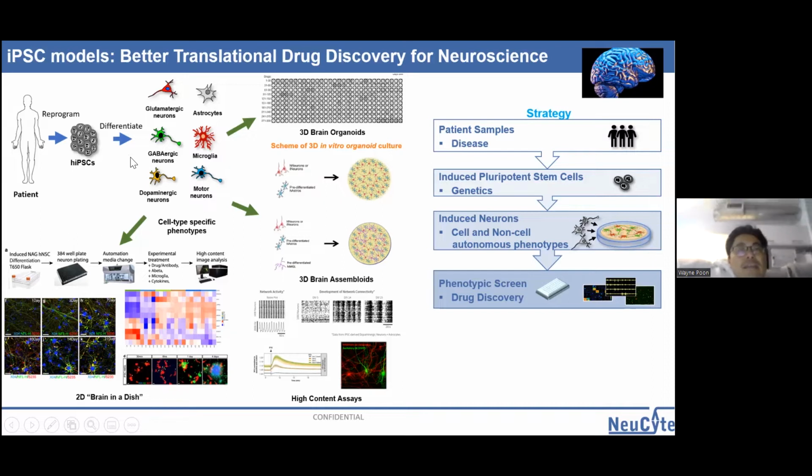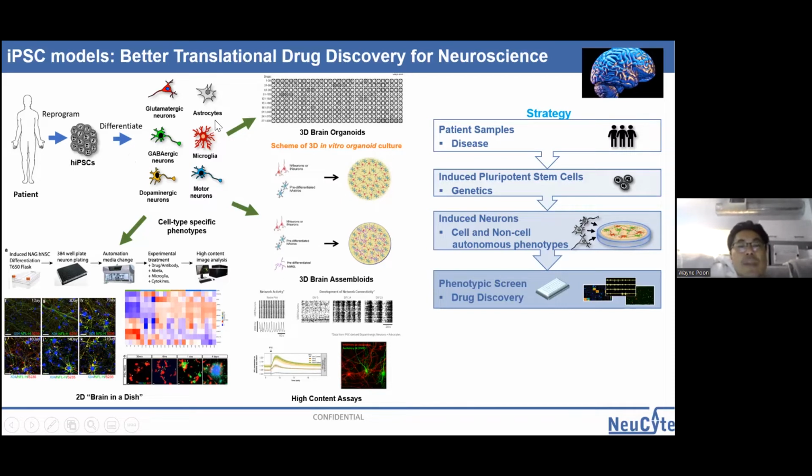And at NeuCyte, we have the ability to generate many of these. And what we do with these brain cells is we build 2D brain in a dish models to study mechanisms of neurodegeneration like Alzheimer's disease.